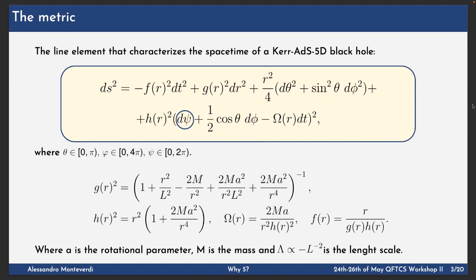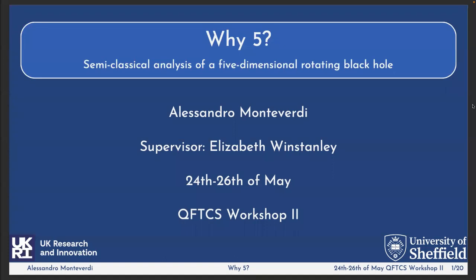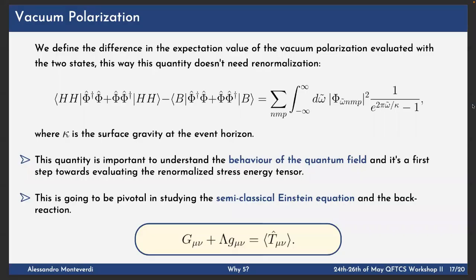The only problem that this quantity has, since we are doing this difference between these 2 quantum states, is that the Boulware state is not really well defined on the event horizon, while the Hartle-Hawking state is, since the Kruskal coordinates can go through basically.